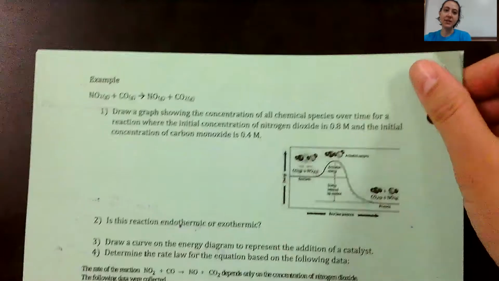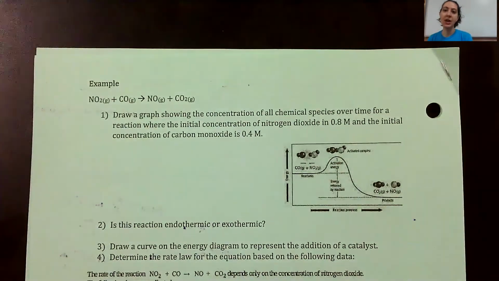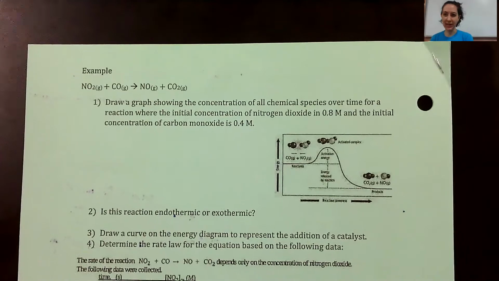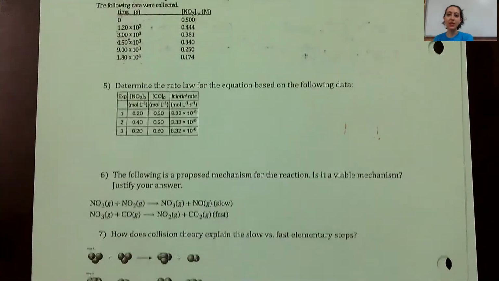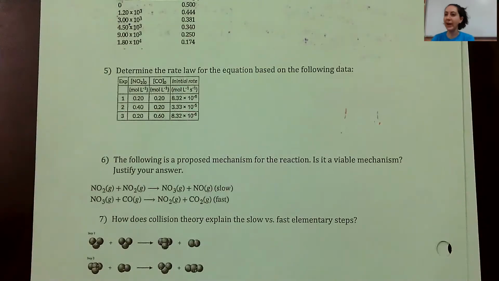One of the next things we'll do is the back page of the notes, which is a review. It's another example, a different reaction, and we'll probably do this in class or I'll make a separate video at some point that goes through everything we've learned, and you can all see that it's really just one big problem that's all connected. Other key facts to remember are that the experimental data is the most important thing.